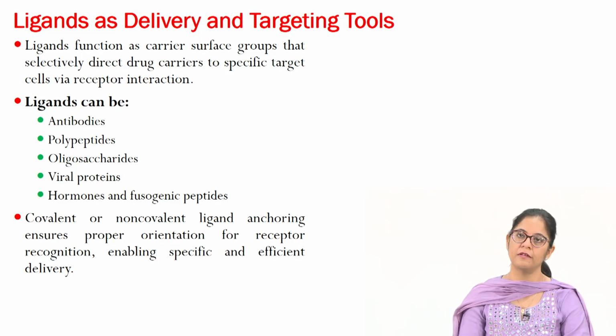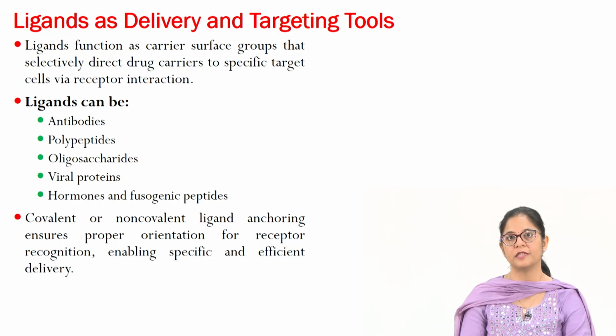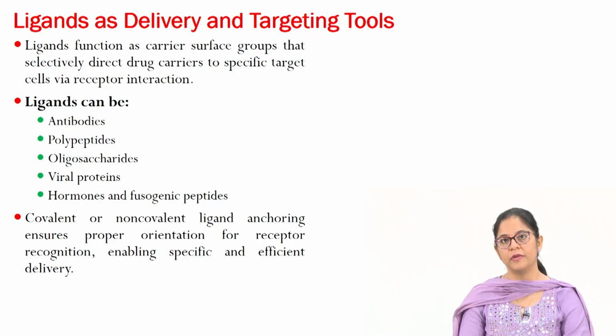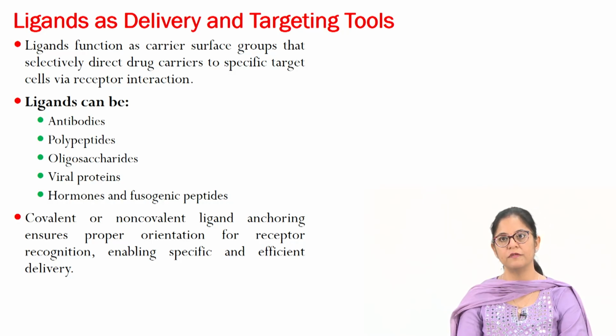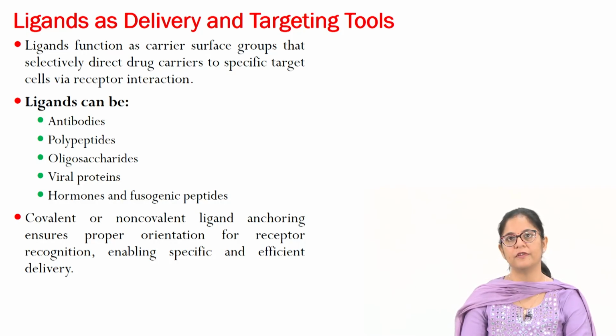So, if it's cancer, specific receptors like growth factors or folic acid are selected, and the specific ligands to these receptor sites are selected. The ligands can be antibodies, polypeptides, oligosaccharides, viral proteins, hormones or fusogenic peptides. Now, covalent or non-covalent binding and ligand anchoring ensure proper orientation for receptor recognition, enabling specific and efficient delivery.